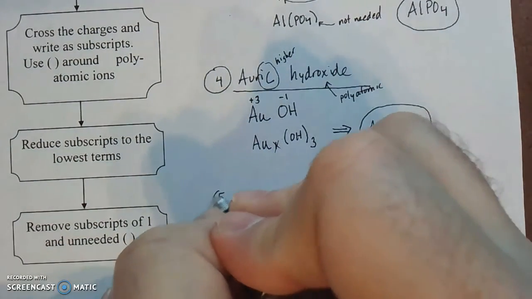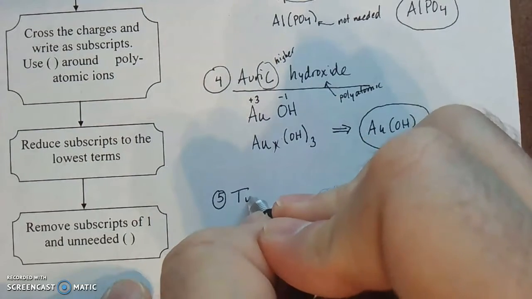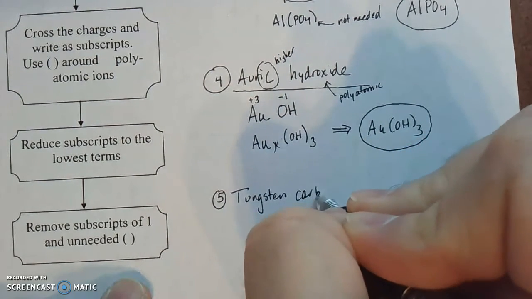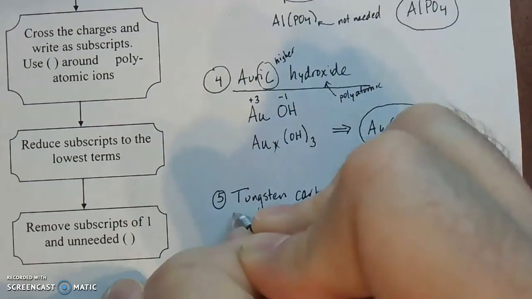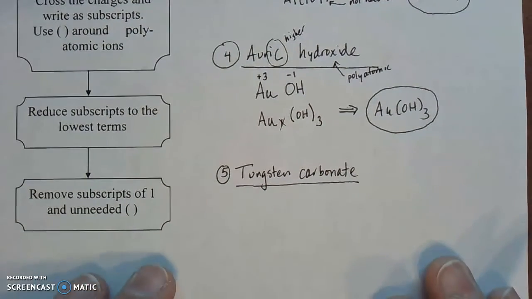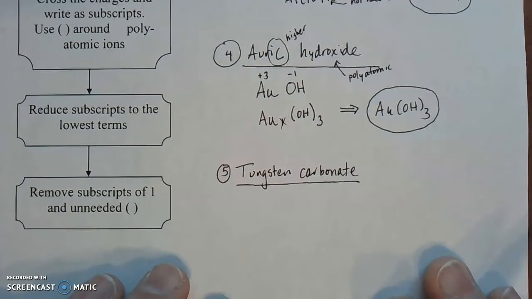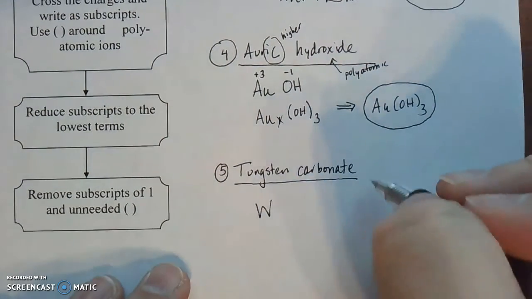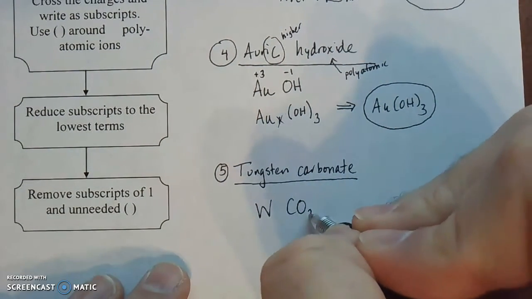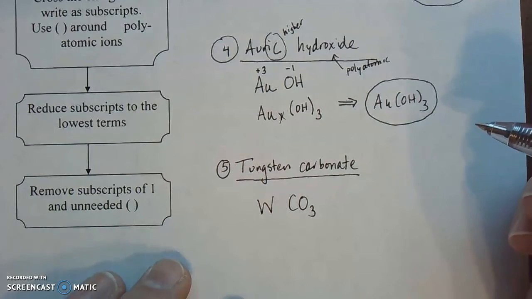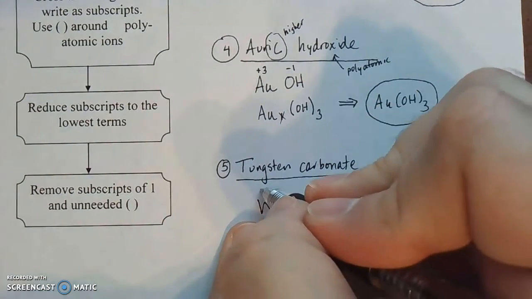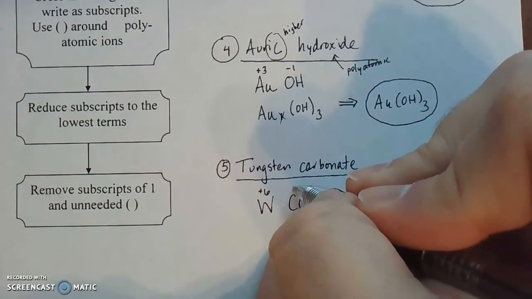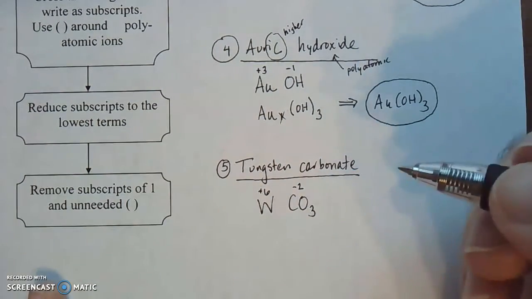Let's look at one more example. Tungsten carbonate. We don't really talk about tungsten that much, but its symbol is W. Carbonate is a polyatomic, CO3. The charges, tungsten only has one possibility, +6. Carbonate, when we look it up, is -2.